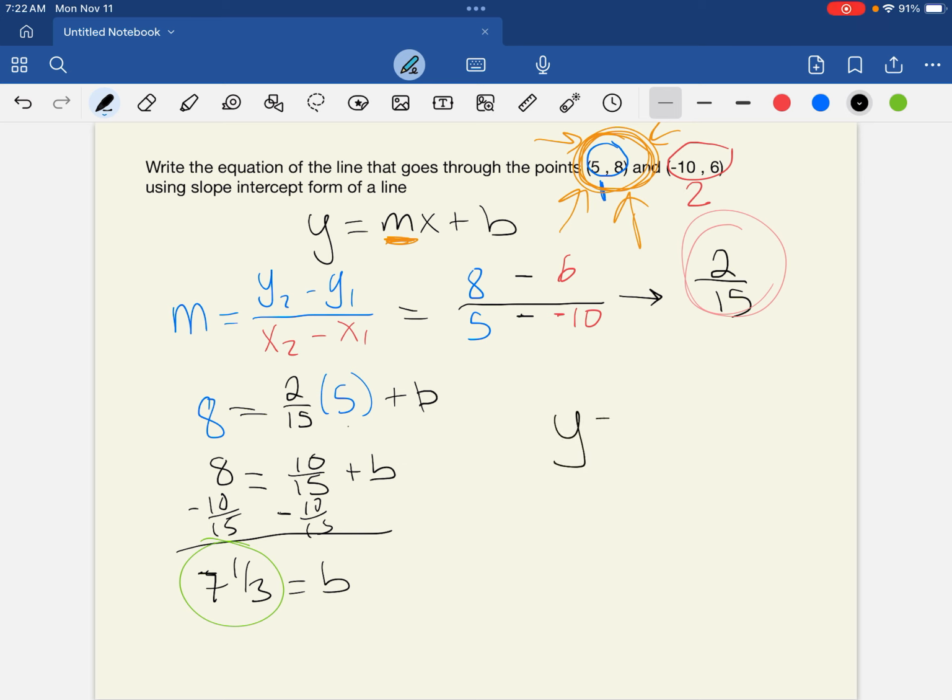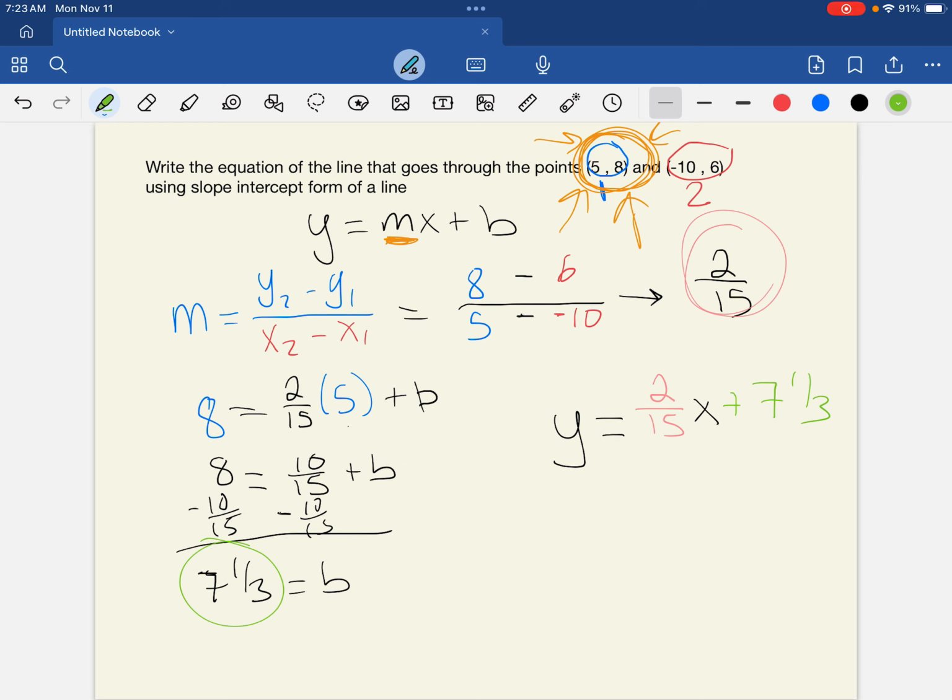I'm going to write y equals, now instead of M, I'm going to use 2/15 x plus 7 1/3. Now in this equation, x and y are kept as variables because that's how you get any point in your line. Again, the 2/15 is our slope, and our 7 1/3 is our y-intercept.